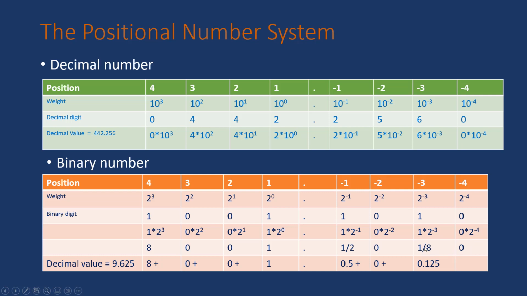And then 1 over 8 is 0.125, and this is a 0. The first one, 1/2, is 0.5. So 0.5 plus 0 plus 0.125, that's going to be 0.625. So the decimal number for this binary representation is going to be 9.625. Okay, this is the position system.